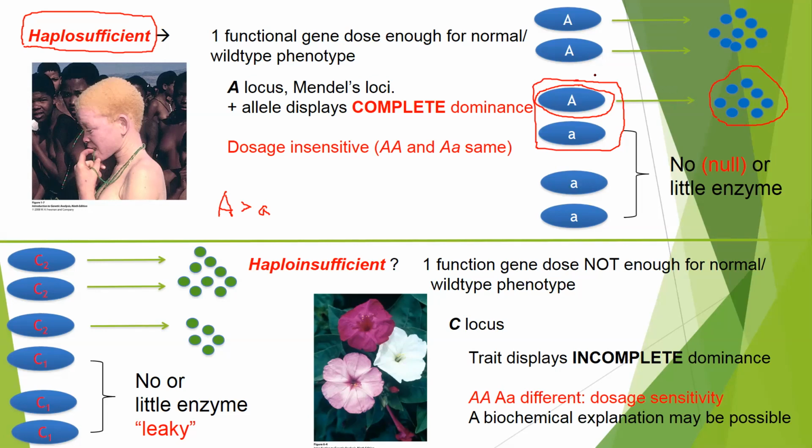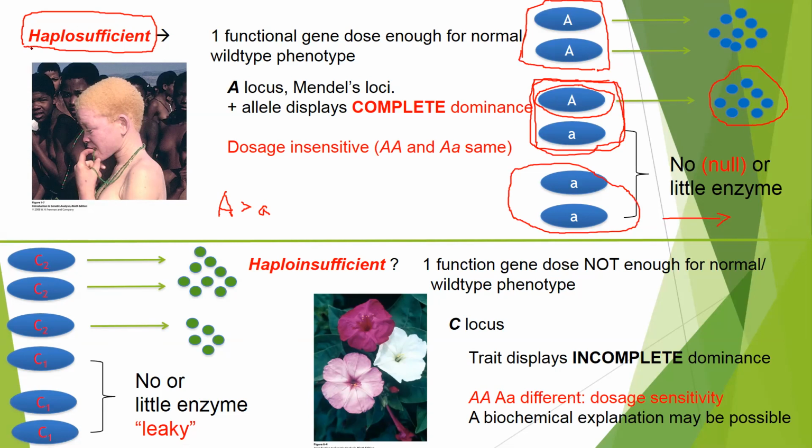So in this case, for haplosufficient, the homozygous big A will show the same phenotype as the heterozygous. They're showing the same wild type. Only if an individual carries 2 mutant alleles, then this will show a different phenotype.